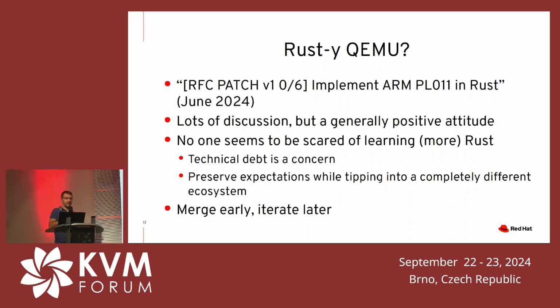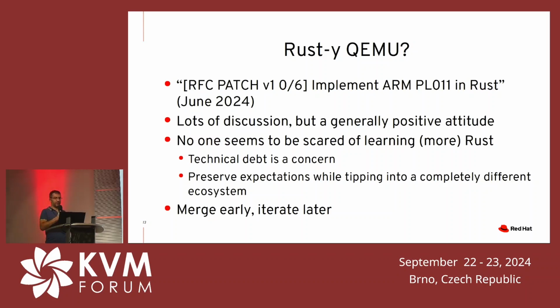There were lots of discussions, some of them a bit more heated, some of them a little bit calmer. But in general, I think we can agree that the attitude was positive for everybody. We may disagree on how to get there, but no one seems to be scared of learning more Rust.